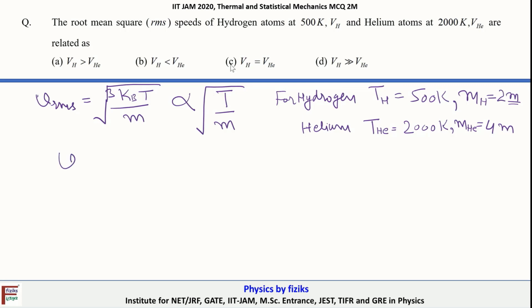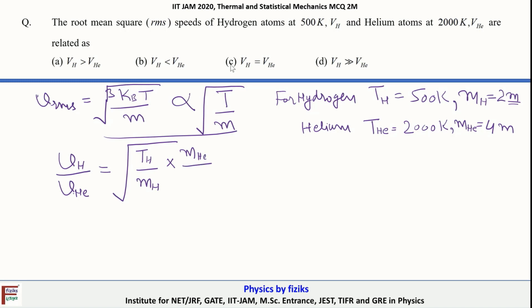Now we have to find the relationship between the root mean square speed of hydrogen and helium. So let's divide these two quantities: vH, the root mean square speed of hydrogen, divided by the RMS speed of helium. Then we will make use of this expression. So this will be equal to TH divided by mH and then multiplied by mHe upon THe.